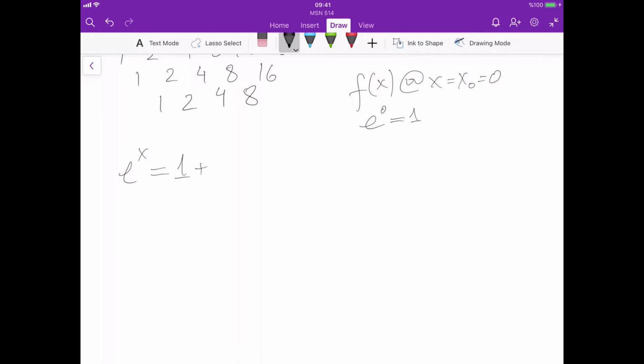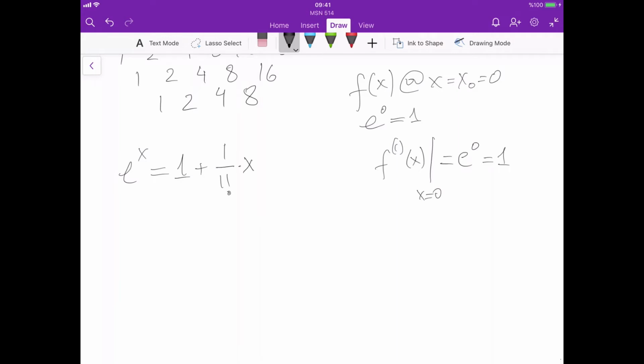Then what is the next term? It's the derivative of f(x) at x equals 0, right? What's the derivative of f(x)? E to the x, and e to the 0 again 1, right? But remember, we had divided by n factorial, so we have 1 divided by 1 factorial times x.